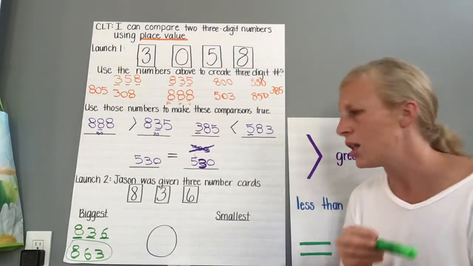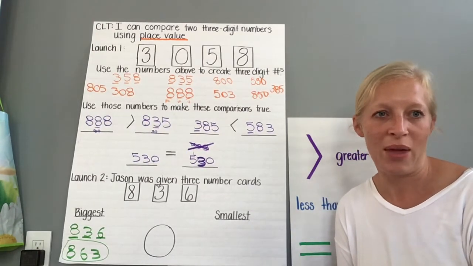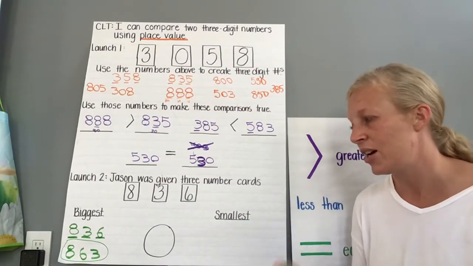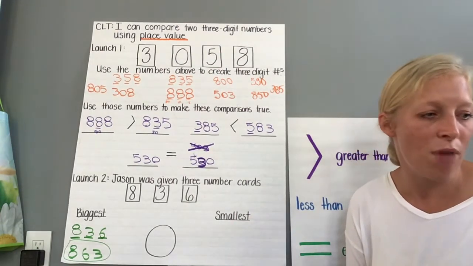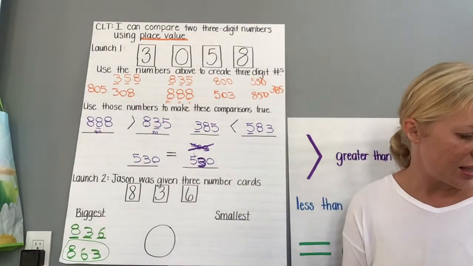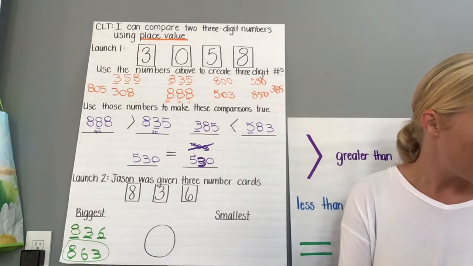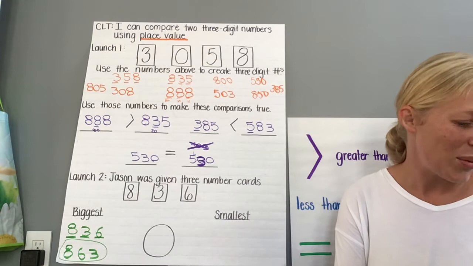So using that knowledge, what would our smallest number be? Would we start with that 800, or that 8, that 6, or that 3 to make the smallest number? Go, go, gadgets. You got this. Why are you starting with that number? And how much is it worth?